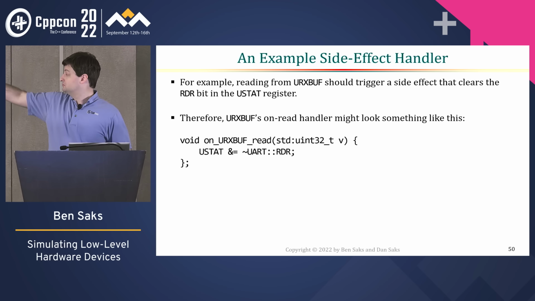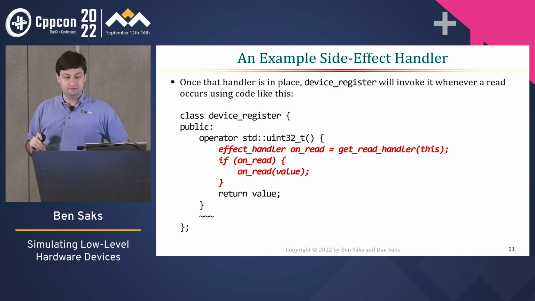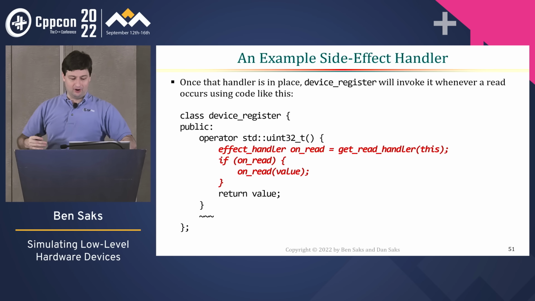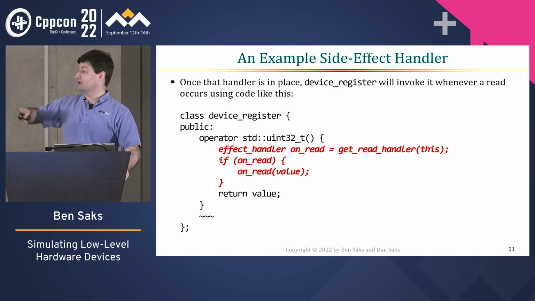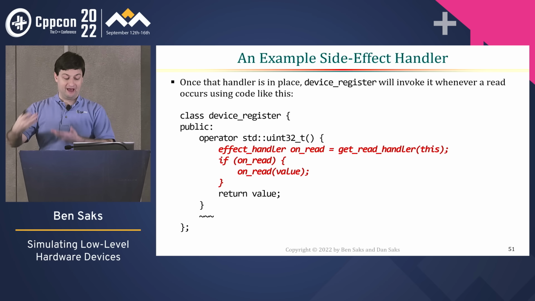And when we have that handler in place, then looking back at our conversion operator, its code will look something like this, where each time we read from the register, we'll check to see, does that register have a read handler associated with it? If it does, go ahead and call that, passing in the value that we're about to read out before we actually do the read itself.